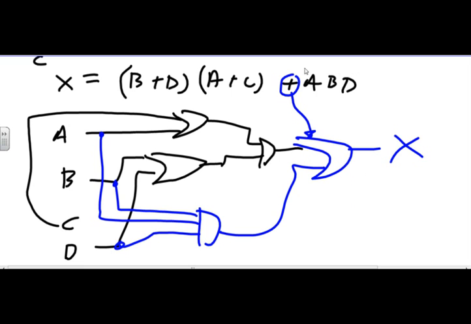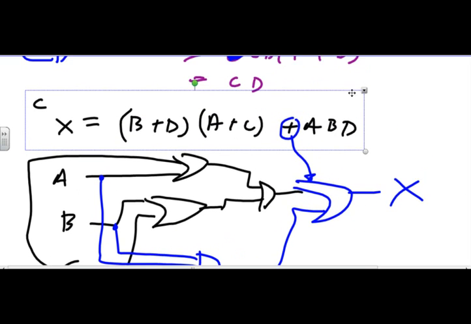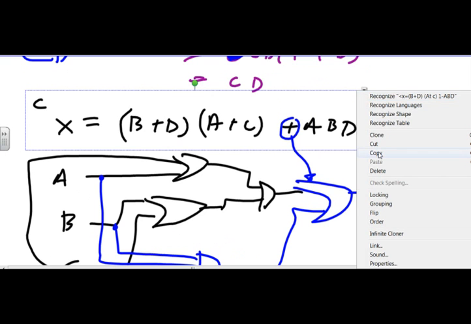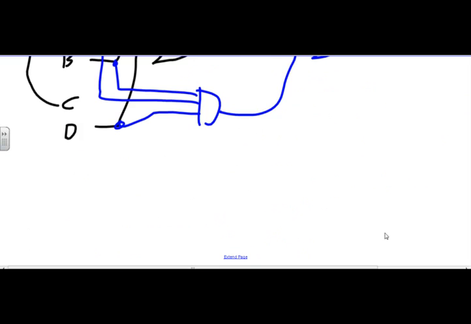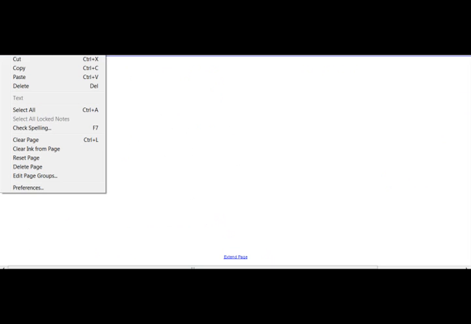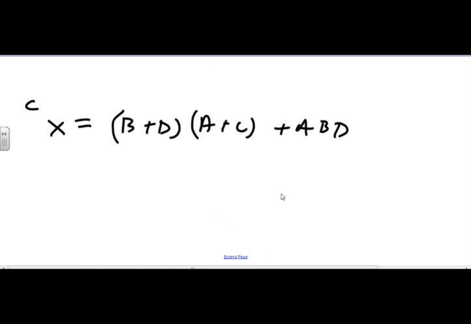So what we're going to do is copy and paste this, and then we'll simplify it. Copy, edit, paste. All right, so I got to simplify. AB or BC or AD or CD or ABD.